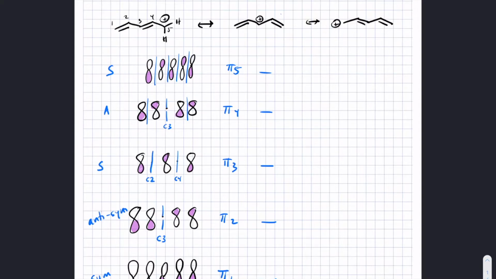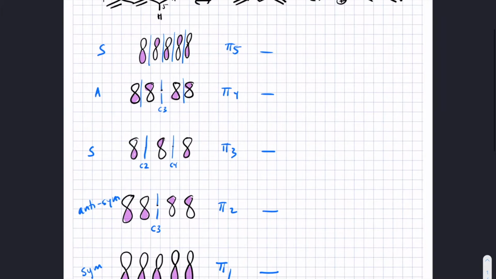Quite a few people are asking how you know about the nodes that are on the carbons, and where those go. There are a few answers, all of them unsatisfying, I'm sure.